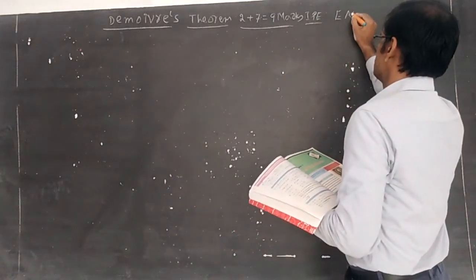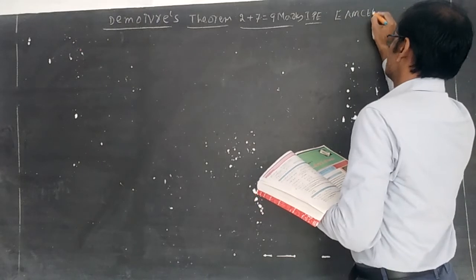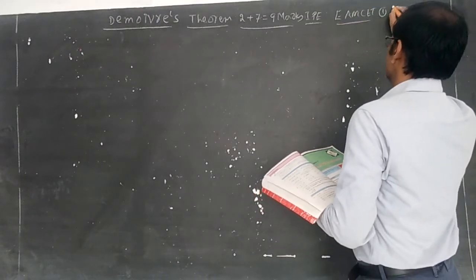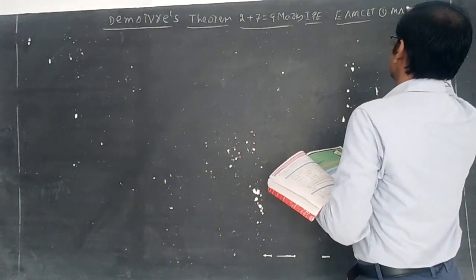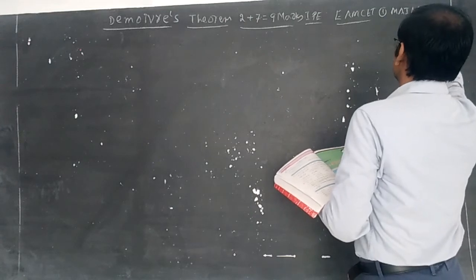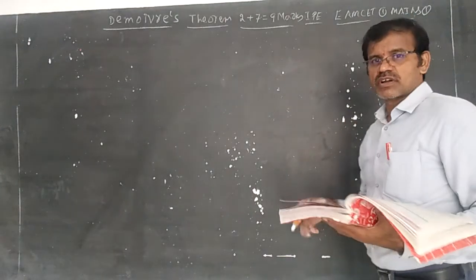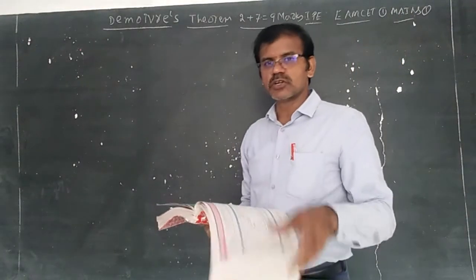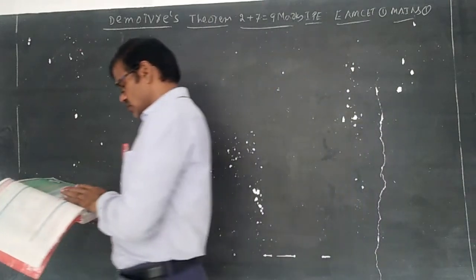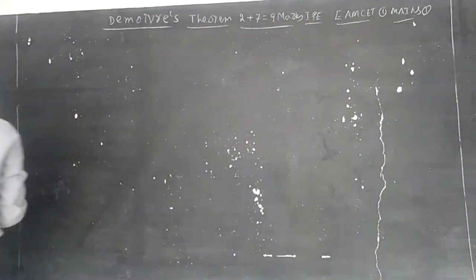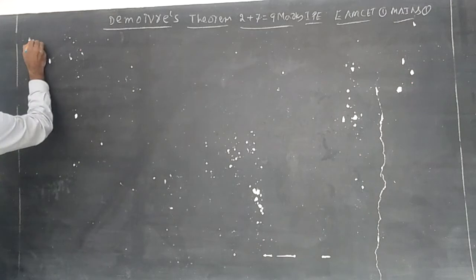MSET 1 bit and Mains 1. I mean, all together complex numbers and De Moivre's theorem, all together 1 bit. Now let us start De Moivre's theorem. Put side heading De Moivre's theorem.